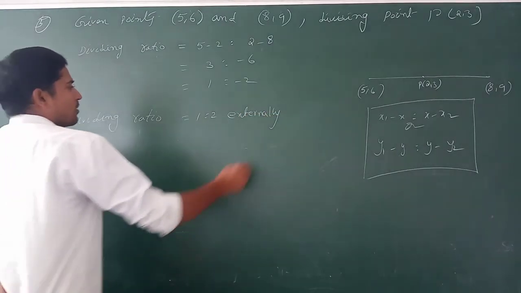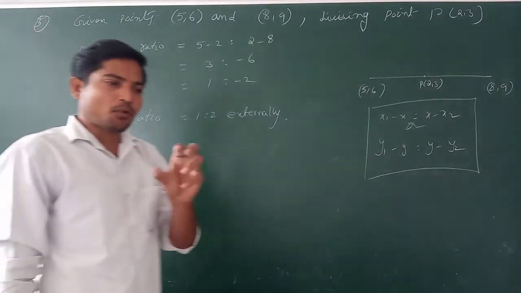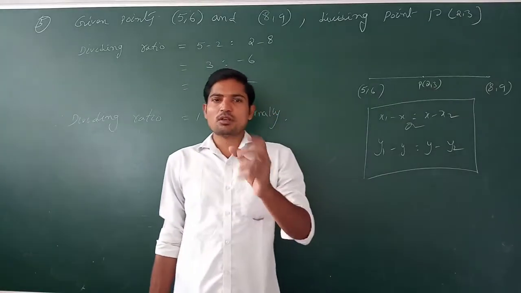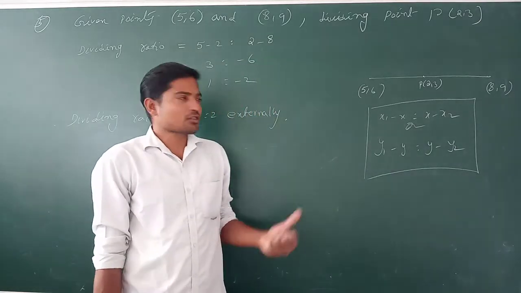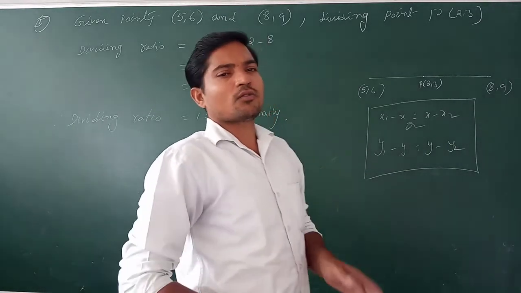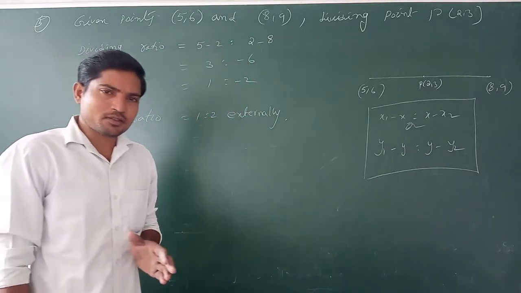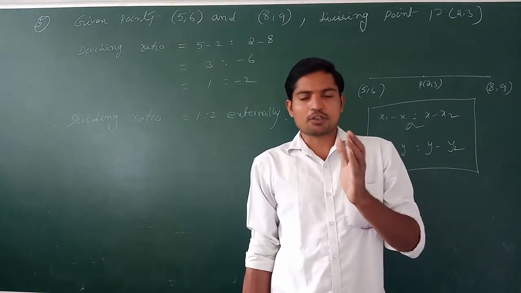Because of the minus sign we can say the point divides the given line segment externally, depending on the negative sign. Suppose you got a positive sign, directly we can say it divides in 1 is to 2 ratio internally. When you get a minus, you have to say it divides externally.